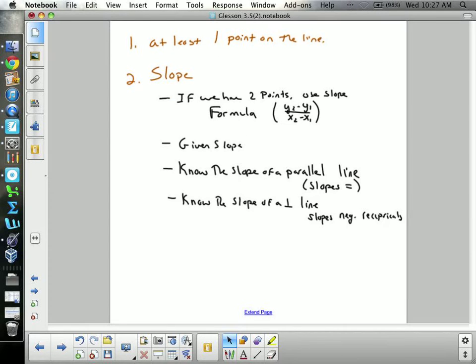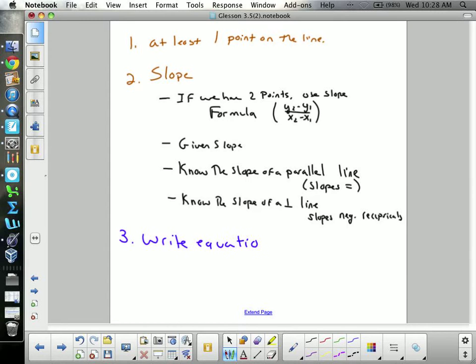Once we know those 2 things, then step 3 comes in, then we need to write the equation. Okay? And most commonly, what is easiest to do for that, in most cases, is using point slope.